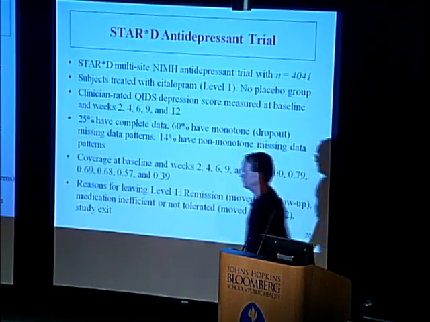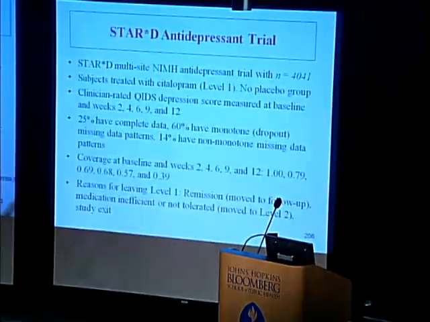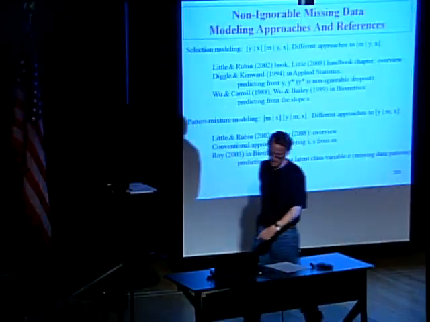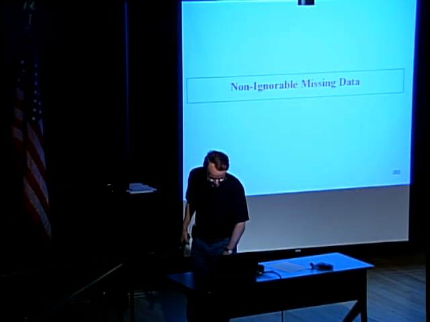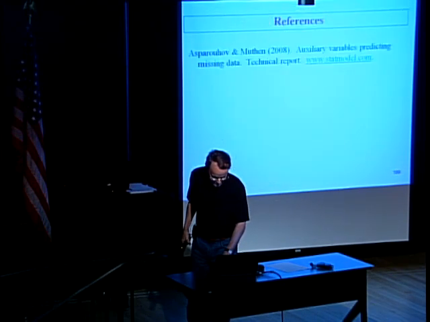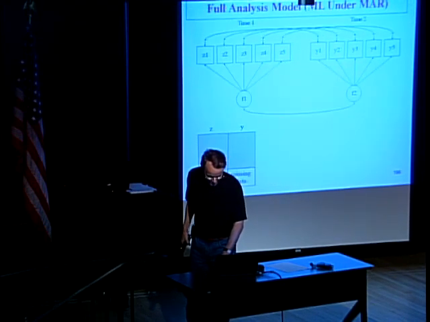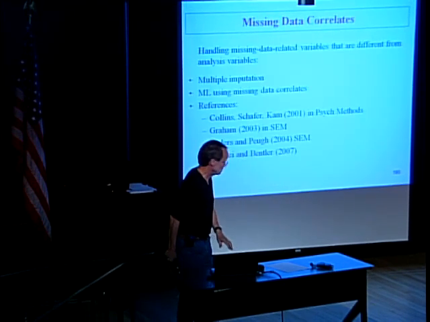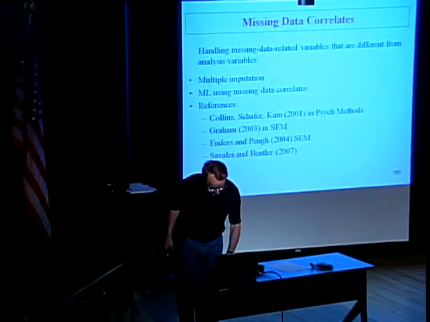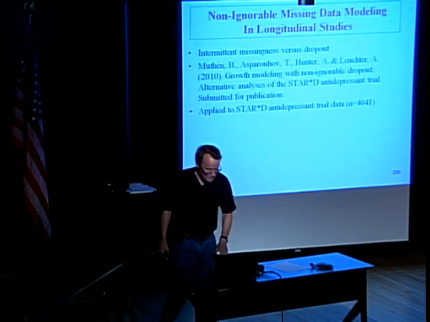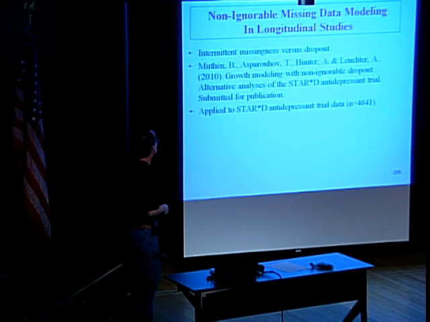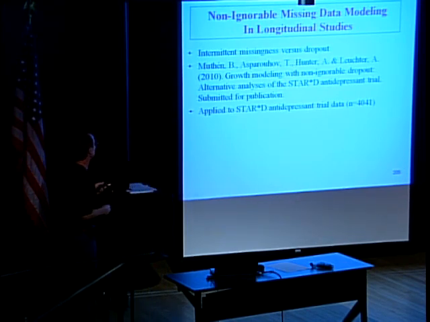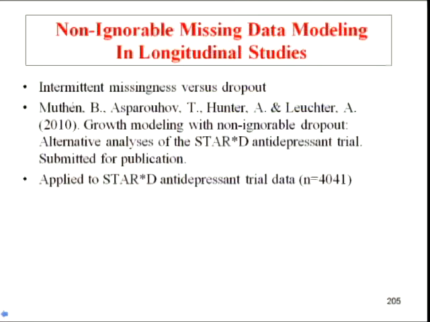Let's take an example that has to do with an antidepressant trial. This is in that paper that I gave you a PDF for, slide 205. In longitudinal data, we're going to make a distinction between intermittent missingness versus dropout. We looked at the patterns of missingness to say what the difference was.